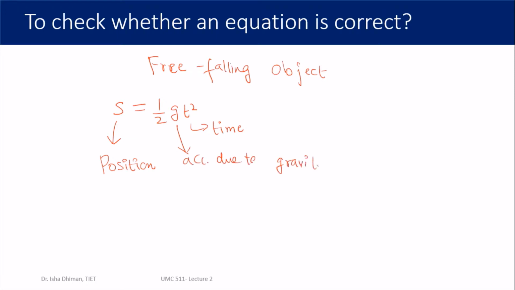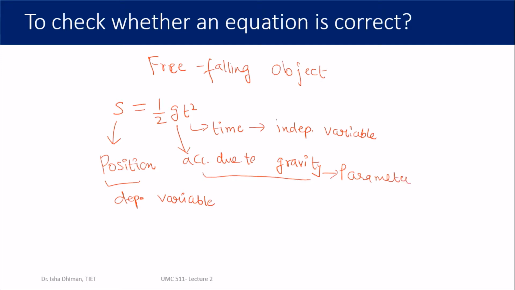Can you figure out here what is a parameter and what is a variable? t and S are the variables. t is time, my independent variable, while the position is my dependent variable because it depends upon time, and the acceleration due to gravity is nothing but a parameter. Actually it's a fixed, non-adjustable parameter.